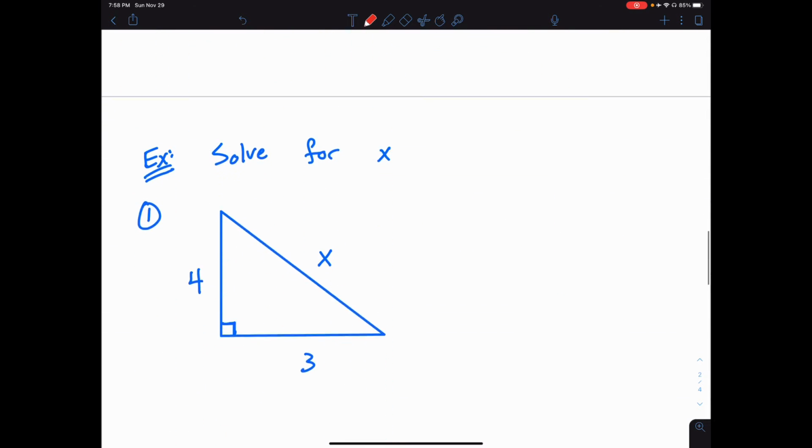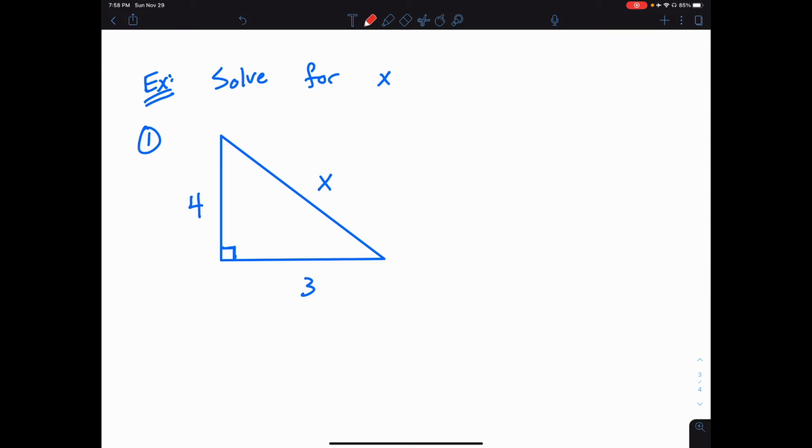Let's take a look at an example. For this one here, solve for x. Are we trying to look for the hypotenuse, or are we trying to look for a short side? Well, again, we can take a look at this box, draw a line across from it, and find out that x indeed is the hypotenuse. When we're looking for hypotenuse, we need to use the addition equation. So that's going to give us a squared plus b squared equal to, in this case, x squared.